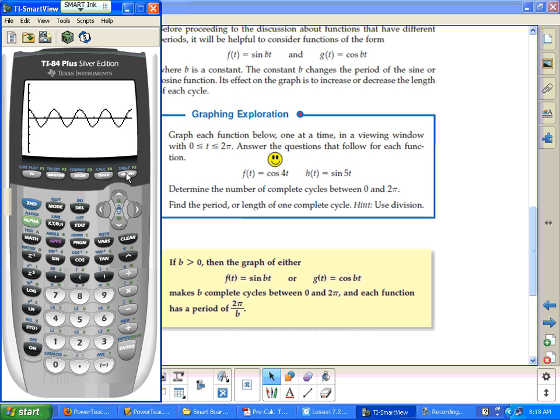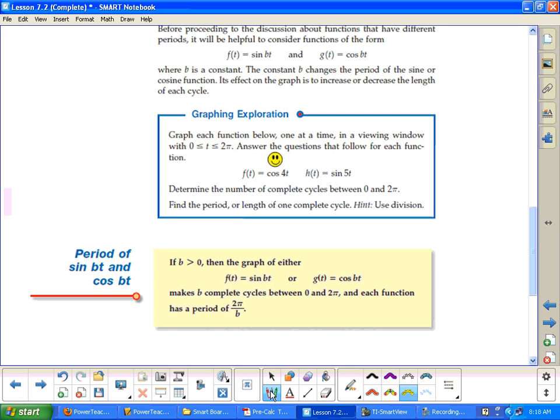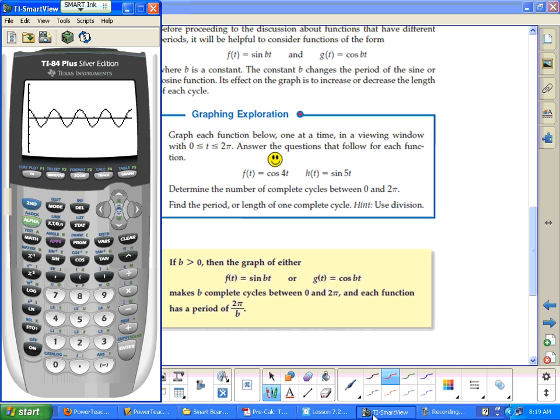How many times does it repeat itself? So it starts here, and there's 1, 2, 3, and 4. Okay, so it repeats itself 4 times. So what number did we put in there for B? 4, right? All right, good.